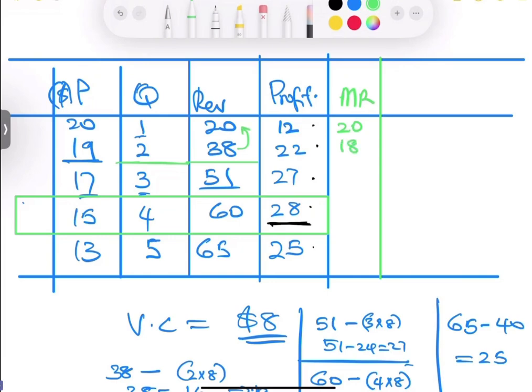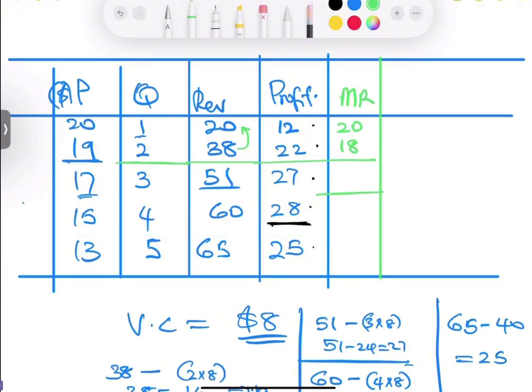So we are making extra 18 revenue on the extra unit. We'll move to the next one, which means we add an extra unit to make it 3. How much extra revenue have we made? 51 minus 38. What is that? I think that's 13.